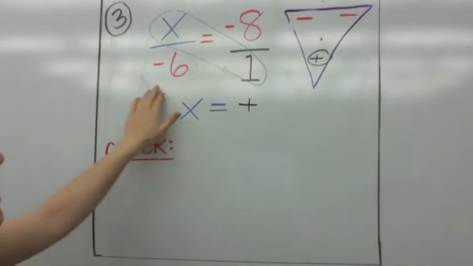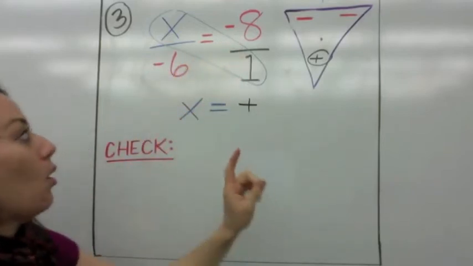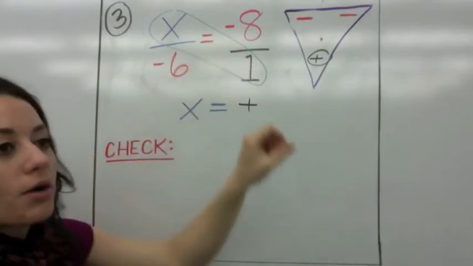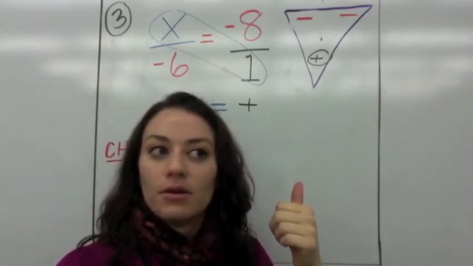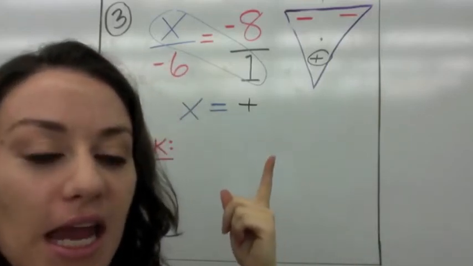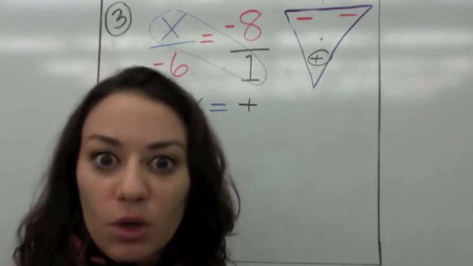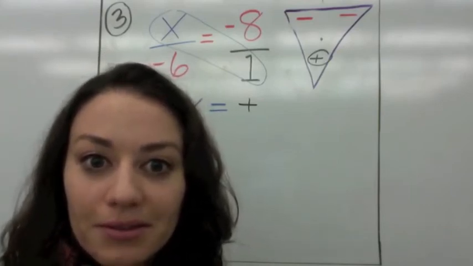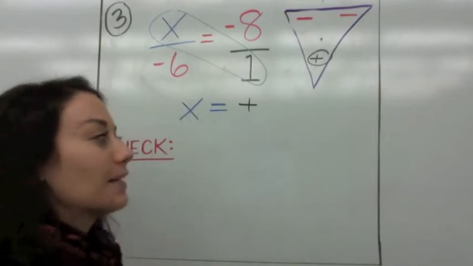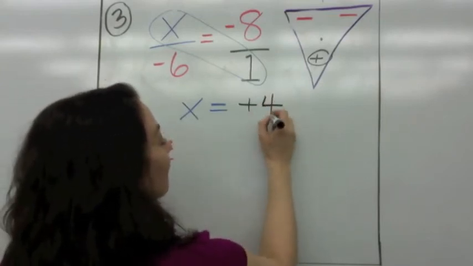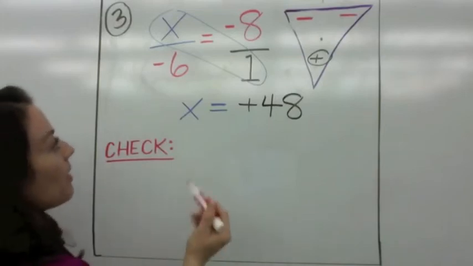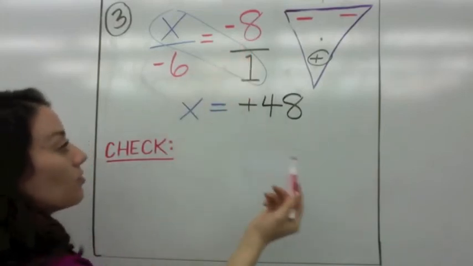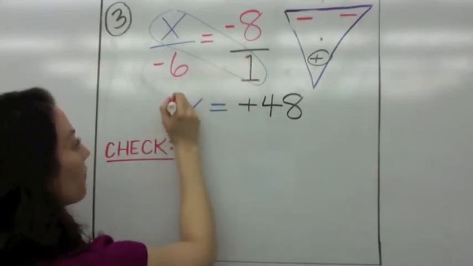What is 6 times 8? When 6 and 8 walk through the gate, out comes 48. So negative 6 times negative 8 is positive 48.